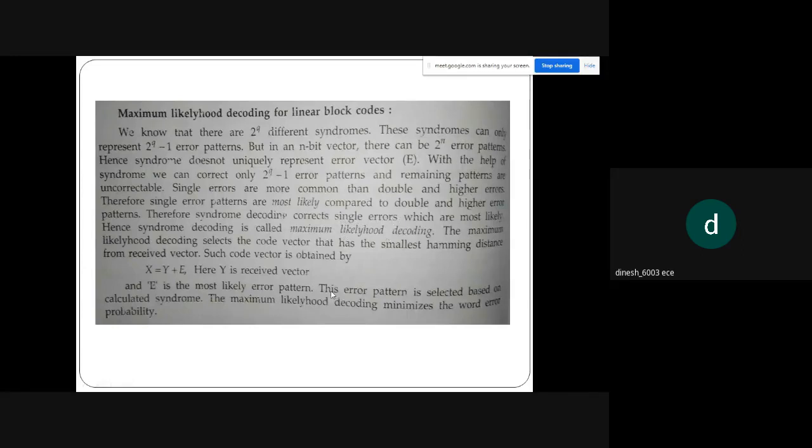If you want to enhance it and correct more than one error, we obviously need to go for some other extended codes of Hamming codes. For example, we can go for maximum likelihood decoding that can be implemented, which is out of our scope now. Out of our syllabus. We need not concentrate on the maximum likelihood decoding.